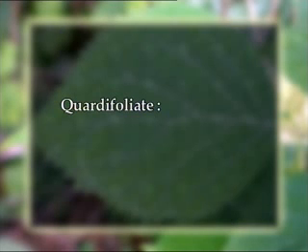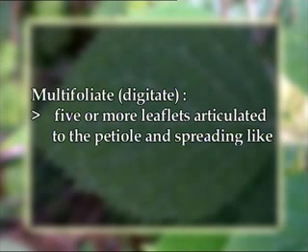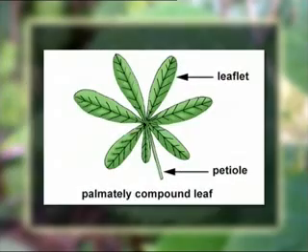Quadrifoliate. 4 leaflets are articulated to the petiole. For example, Paris quadrifolia. And multifoliate, that is digitate. 5 or more leaflets articulated to the petiole and spreading like fingers from the palm. For example, Bombax malabaricum.